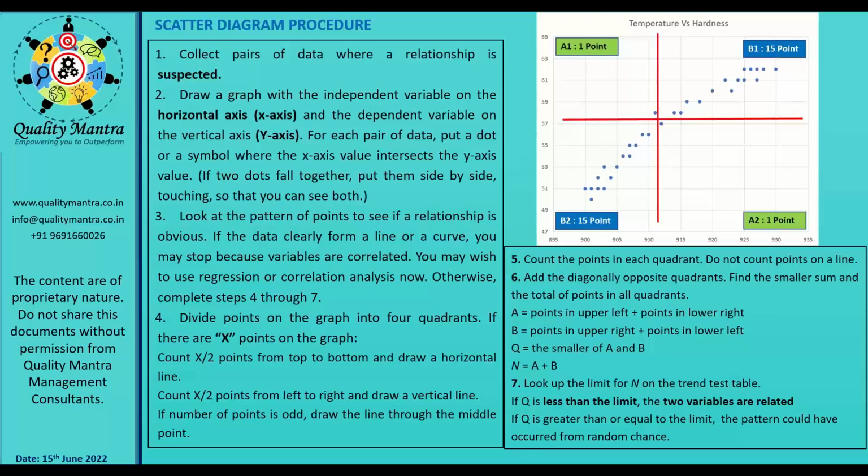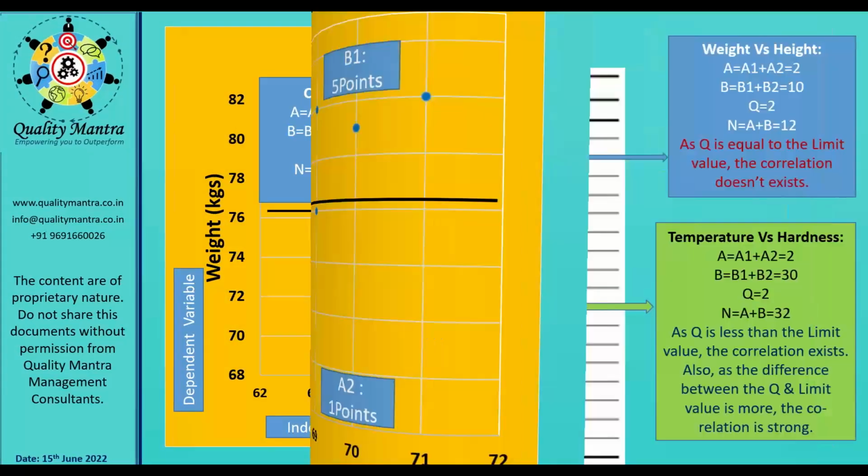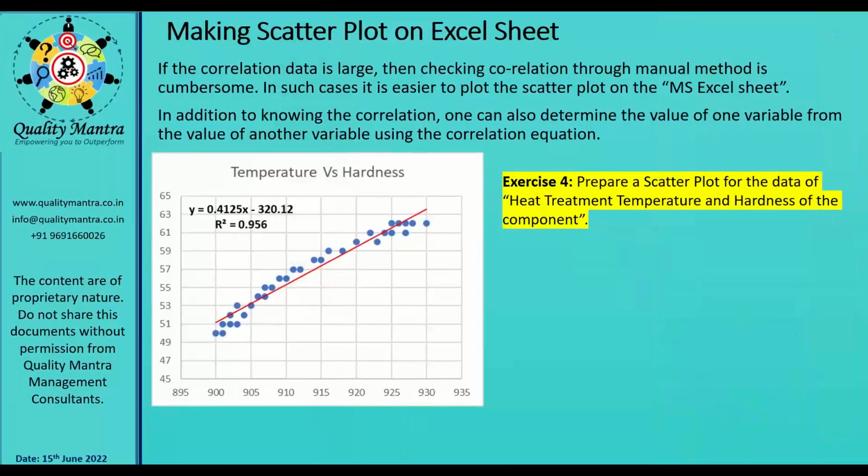And we have also seen how to prepare the scatter plot on the Excel sheet. We have also seen how to display the R square value and the equation on the chart, on the scatter plot.